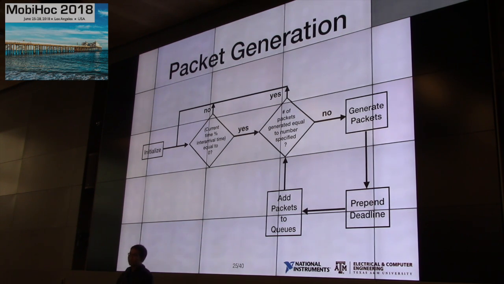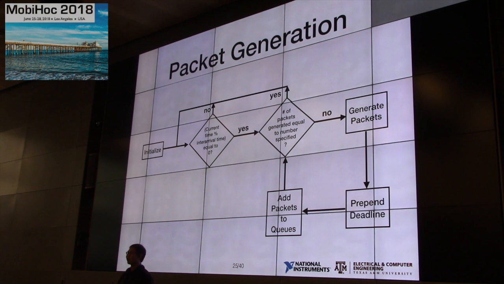So you have a random number of packet arrivals every certain number of milliseconds, and then you just generate the packets based on that. We also did another experiment where we set the packet arrival rate to be very low, but instead of packets arriving deterministically, there's a probability that the packets may arrive, and 1 minus that probability that packets won't arrive.